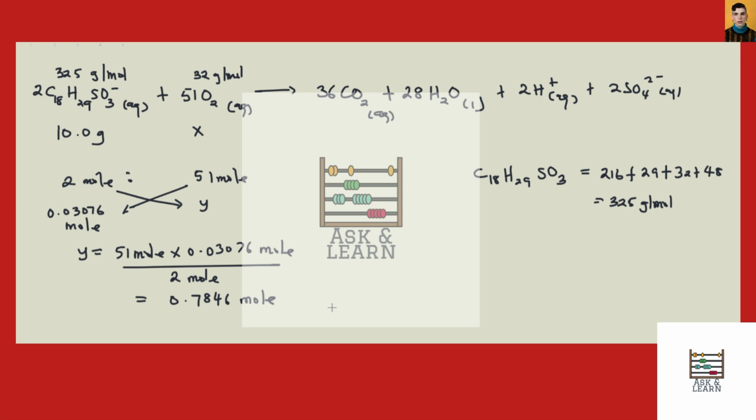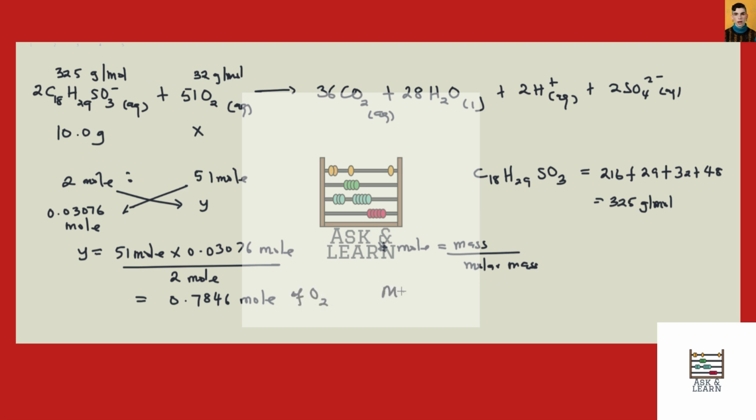Since we know the number of moles is mass divided by molar mass, if we want to determine the mass of oxygen that will be needed for this 10 grams, and we know that it will need 0.7846 mole of oxygen, we can determine the mass of oxygen, since we know the molar mass of oxygen to be 32.